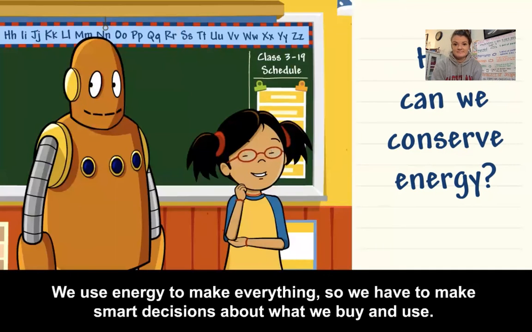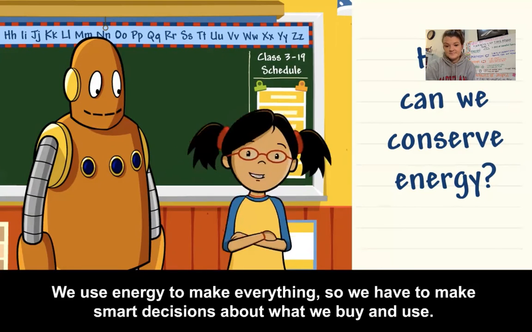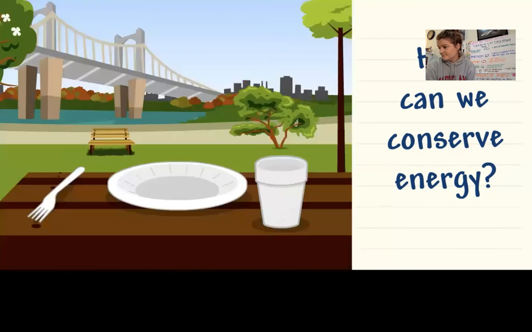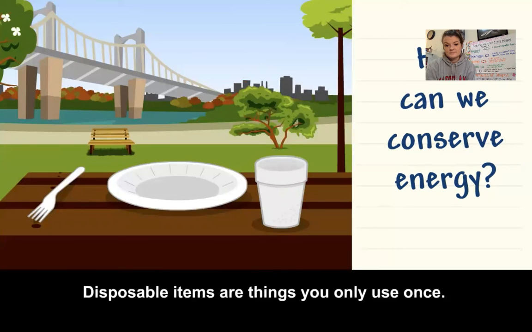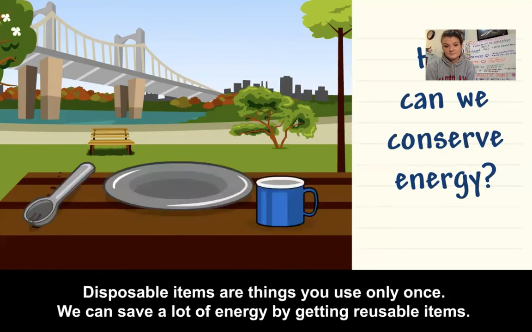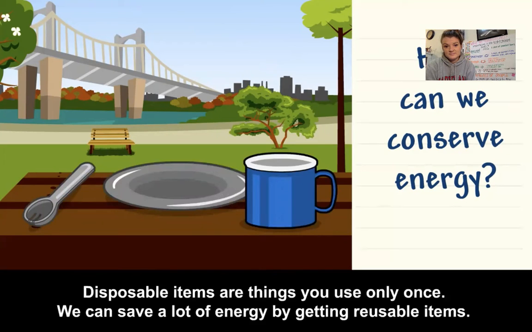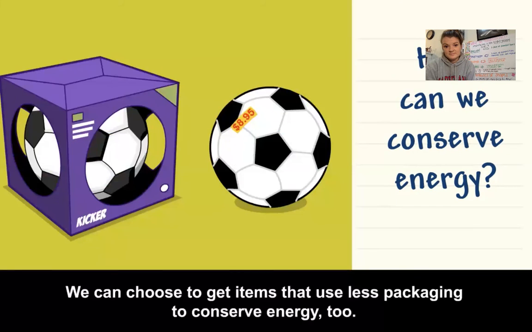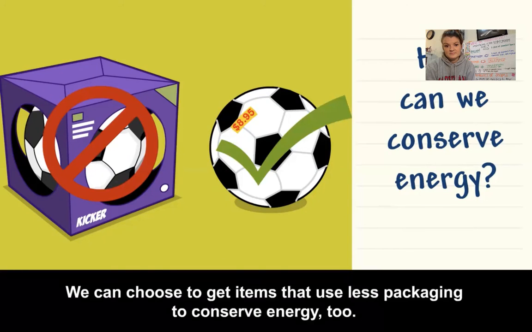We use energy to make everything, so we have to make smart decisions about what we buy and use. Disposable items are things you only use once. We can save a lot of energy by getting reusable items. We can choose to get items that use less packaging to conserve energy too.